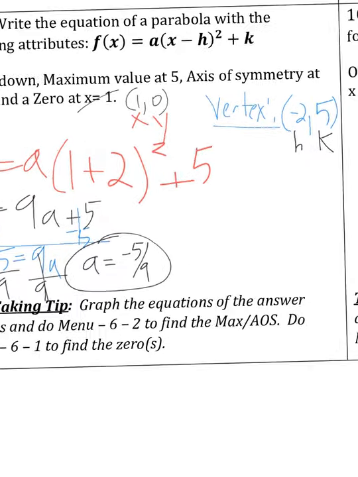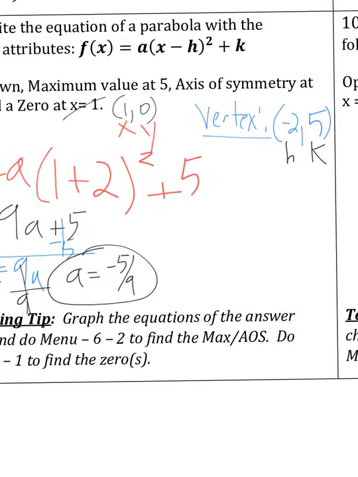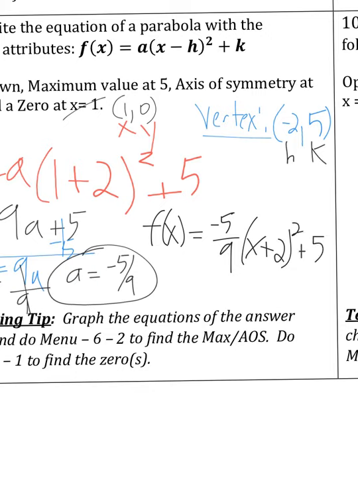And so my equation is going to be f of x equals -5 over 9 and x minus h, so x plus 2 squared, and then plus k is 5.